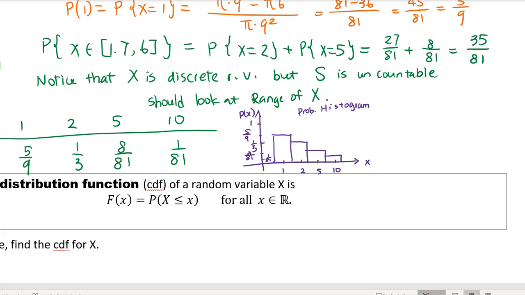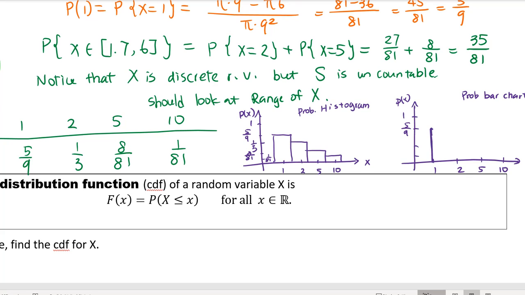And we can also draw it as a probability bar chart. So then we put x and P of x. It's very similar. So we also have 1, 2, 5, 10. For bar charts, this is 1, and we need 5 over 9 right here.